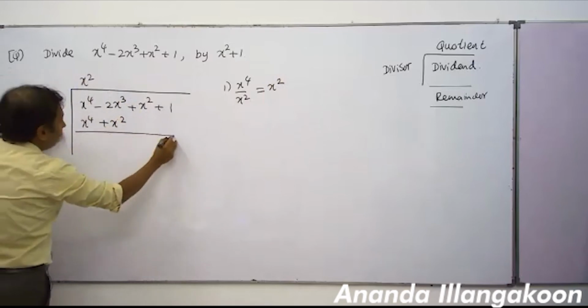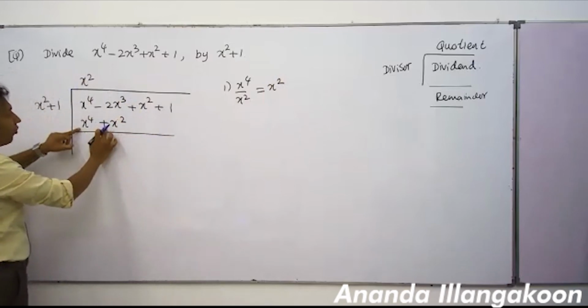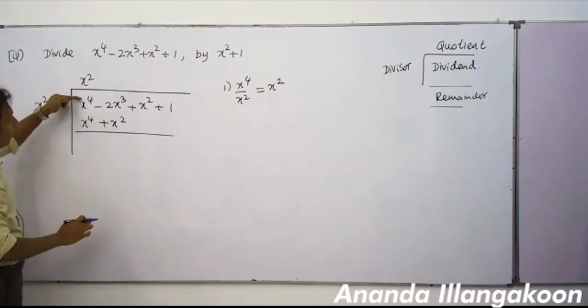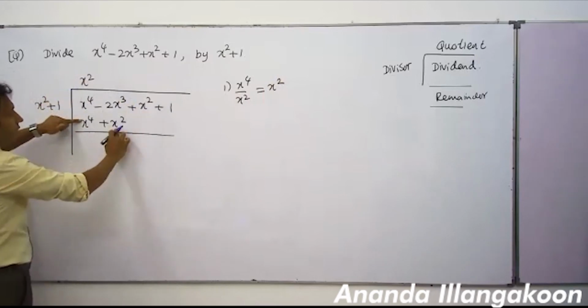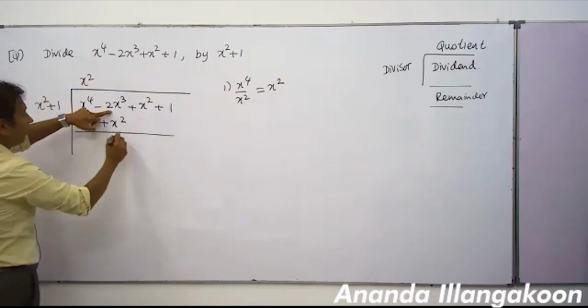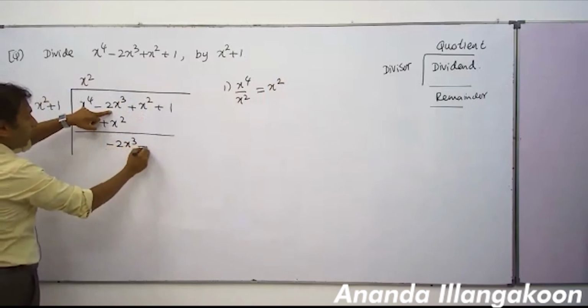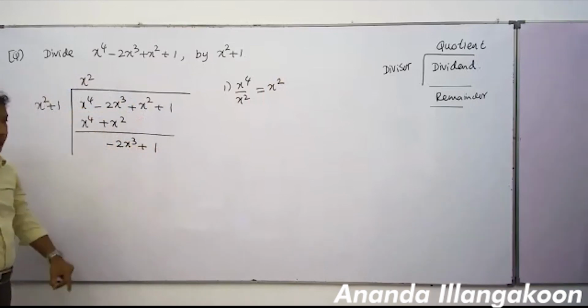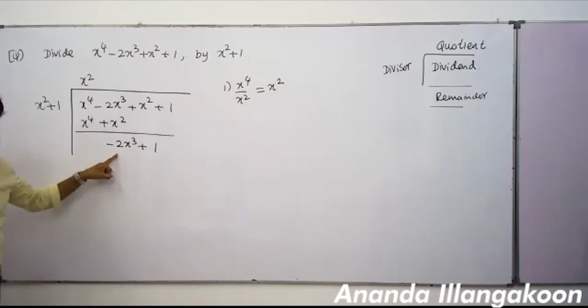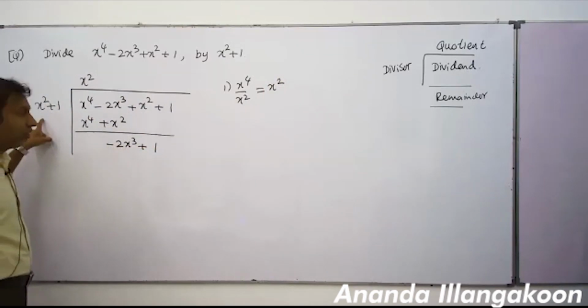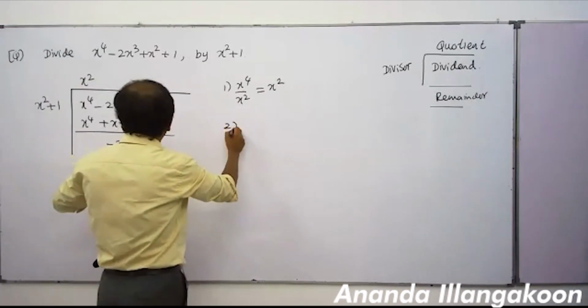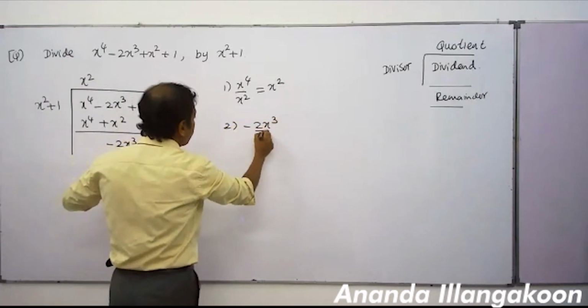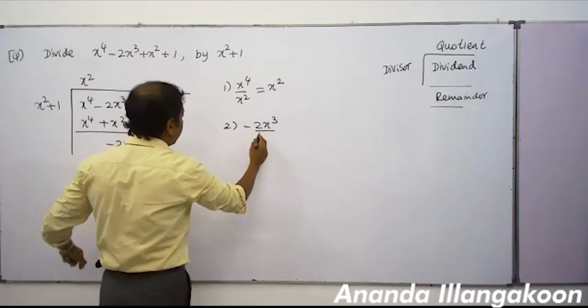Then what we do is, this one we subtract from the first. This minus this will cancel off. This minus this will cancel off. Then we get minus 2x³ plus 1. Now we consider this as our new dividend. Its highest power term we divide by the highest power term of the divisor. What is that? Minus 2x³ should be divided by x².